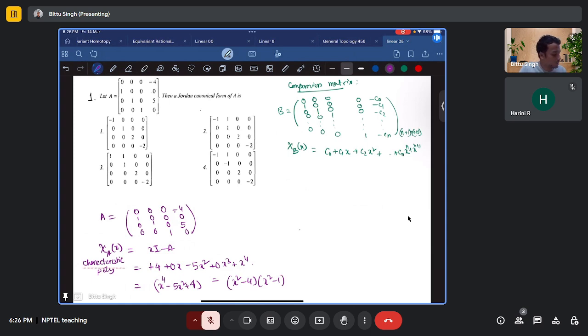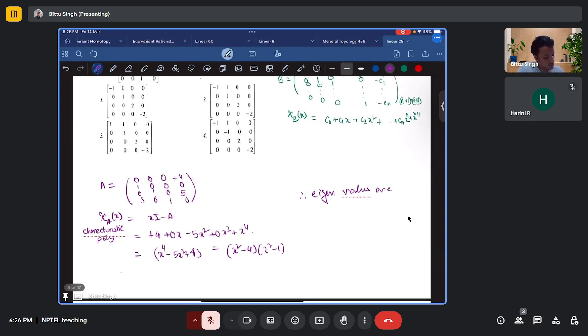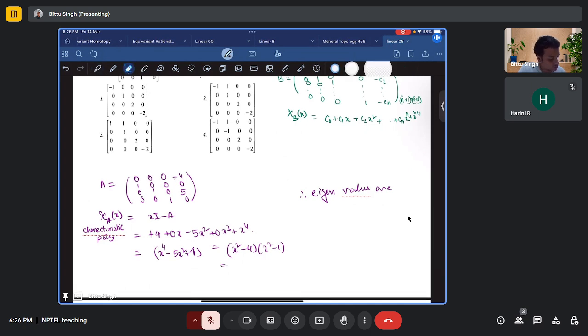So therefore, equating chi A of x equal to 0, this is same as x plus 2 into x minus 2, and again x minus 1 into x plus 1.